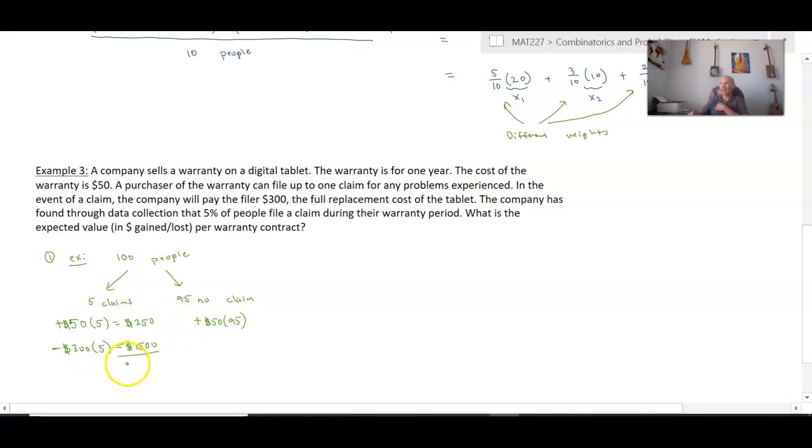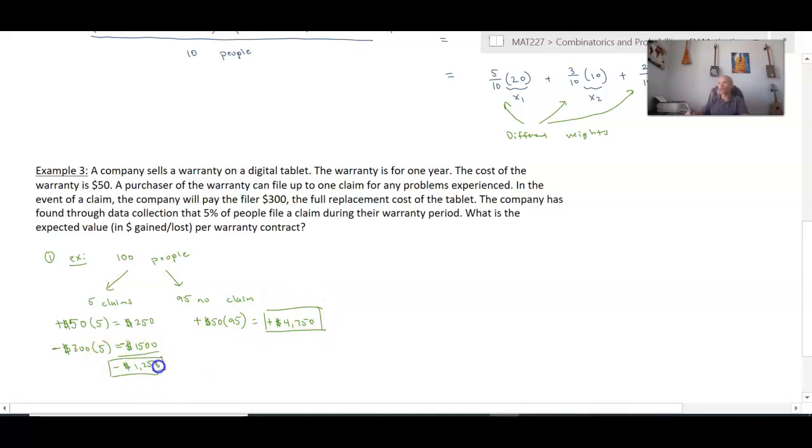So that means that in net, they lost $1,250. Now on these 95 people, we just need to compute what is 50 times 95, which is $4,750. Okay, that's the bottom line for those 95 people who didn't file a claim.